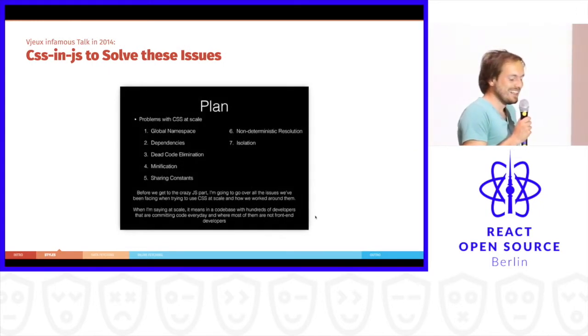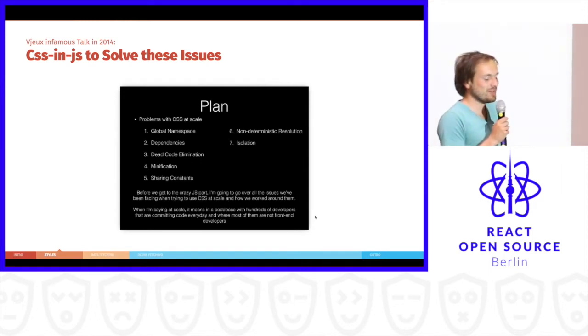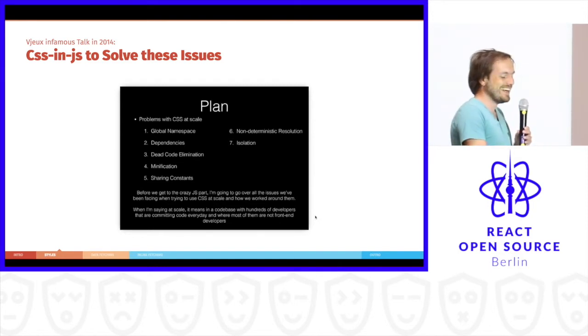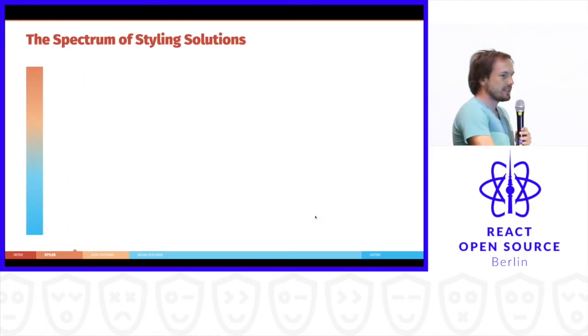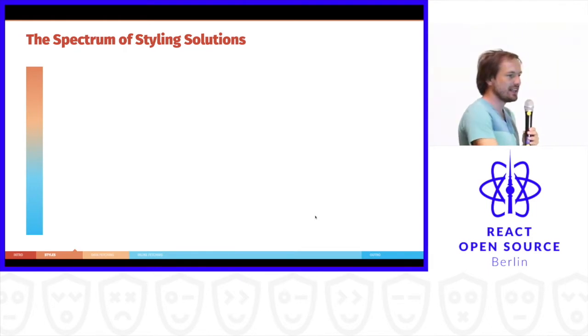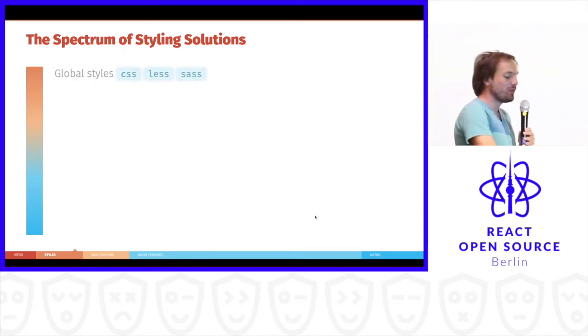If you haven't, it's definitely still worth watching: Vjeux's talk back in 2014, where he was presenting his approach to CSS in JavaScript, outlining the issues that came with using CSS and how those issues needed to be tackled when working with styles at a bigger scale. So let's have a look at the spectrum of styling solutions that came up once CSS in JavaScript became more and more popularized.